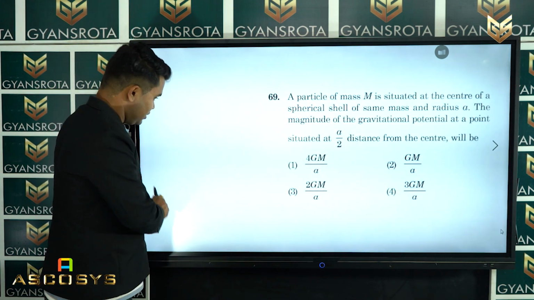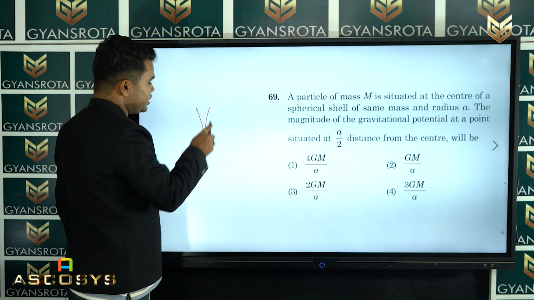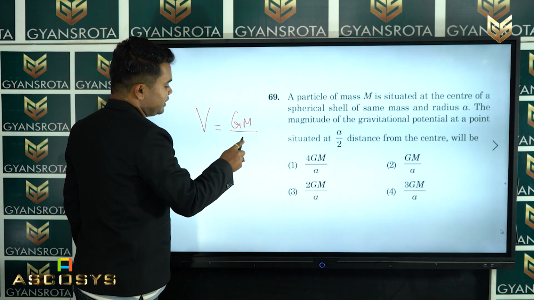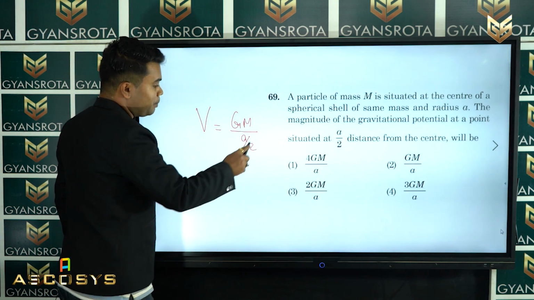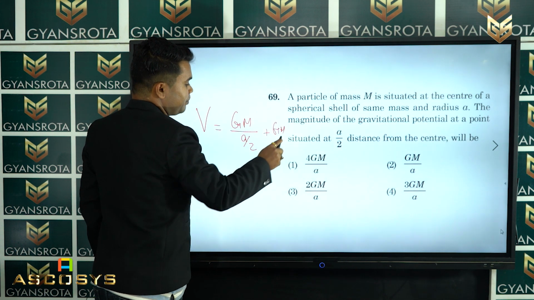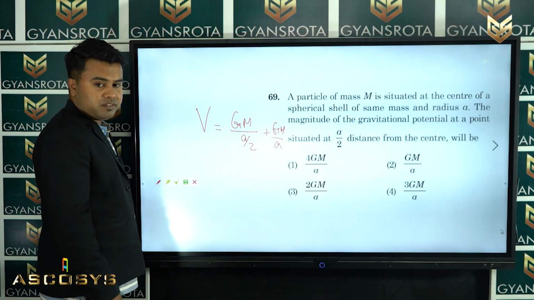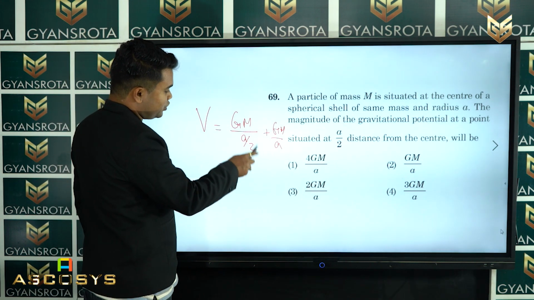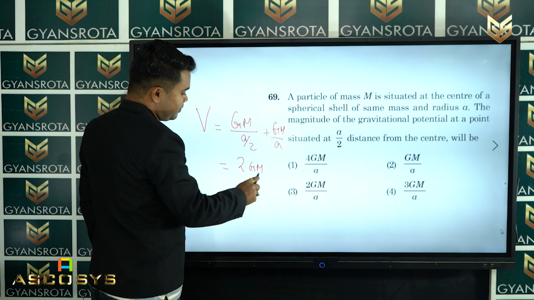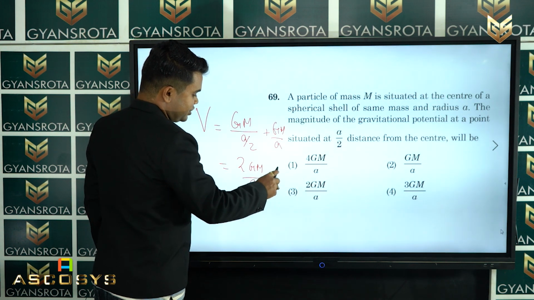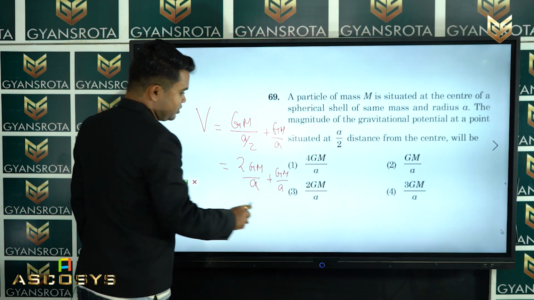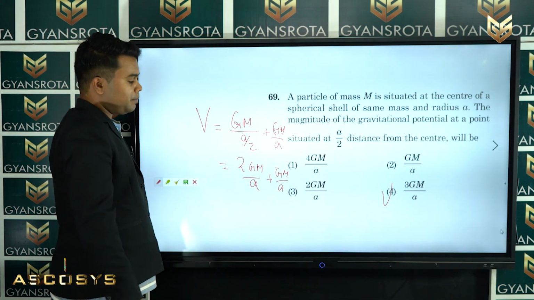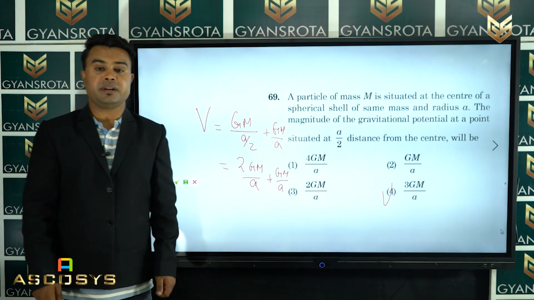Your gravitational potential V will be equal to Gm by a by 2 plus Gm by a. If I take 2 up, it is 2Gm by a plus Gm by a. Once you solve this, the right answer will come out to be 3Gm by a, right? If you take LCM a, fine.